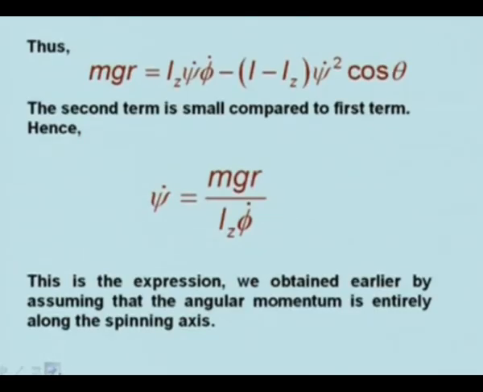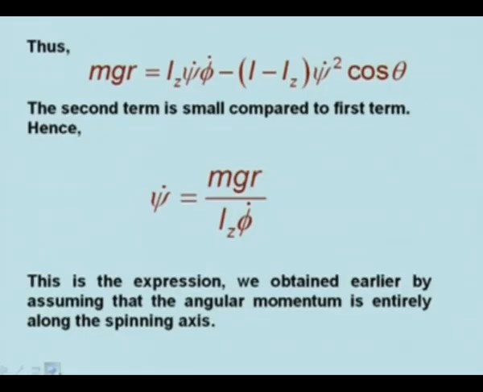Now, for a top, Mx is mgr sin theta. Therefore, we get mgr equal to Iz psi dot phi dot minus (I minus Iz) psi dot square cos theta. The second term is small compared to the first term, hence we get psi dot equal to mgr divided by Iz phi dot.